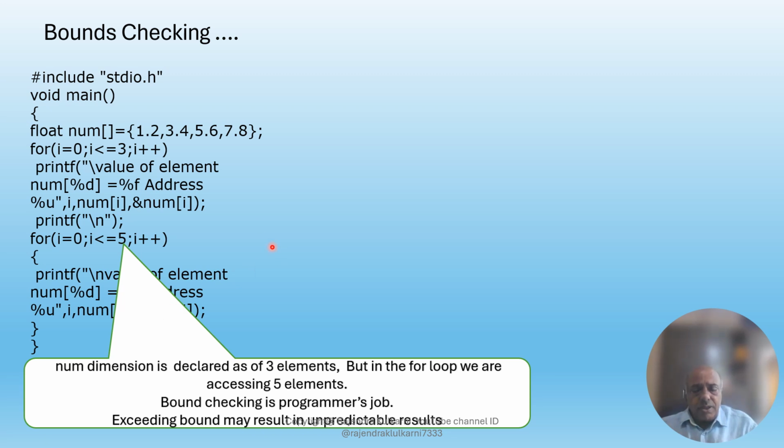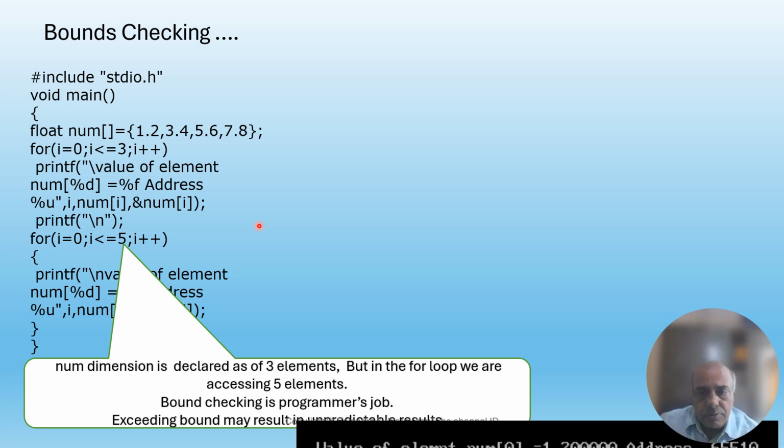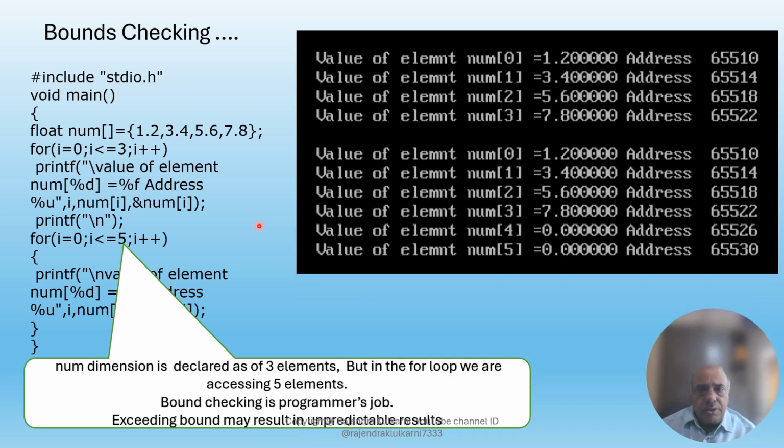So what will be available in the 8 memory locations, or the 2 float values, that this loop will try to access? It will have either a garbage value or some unpredictable value. When I ran this program, the first 4 elements are legal, in the sense that is the dimension of the array.